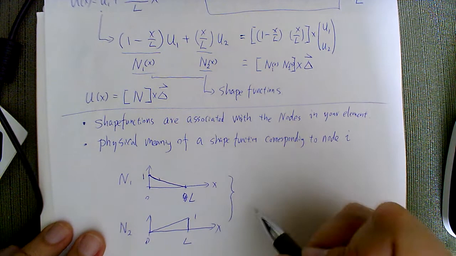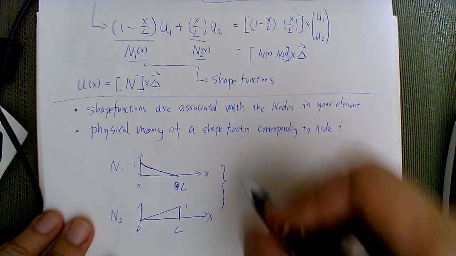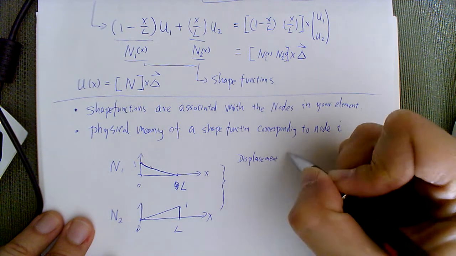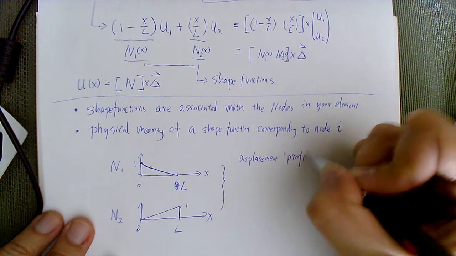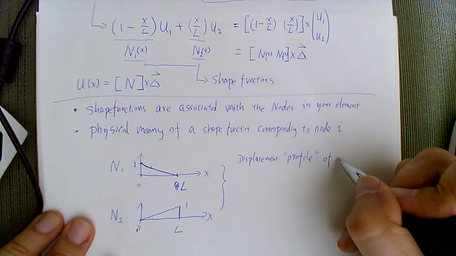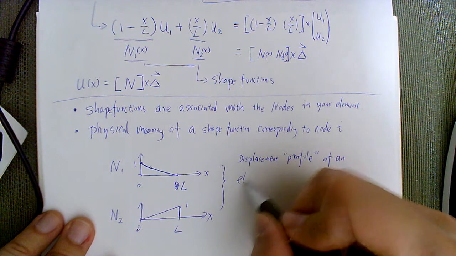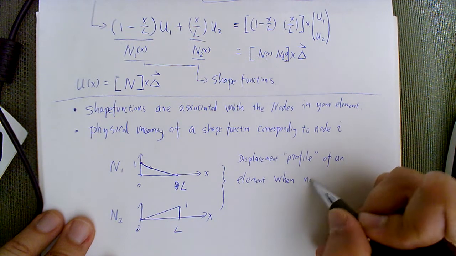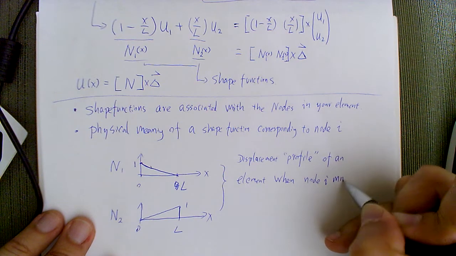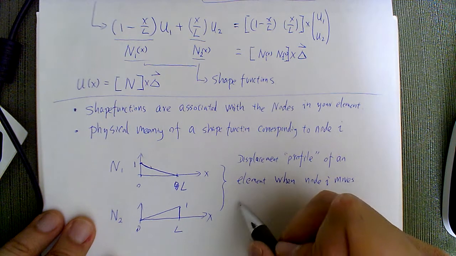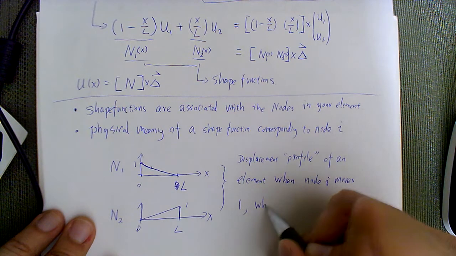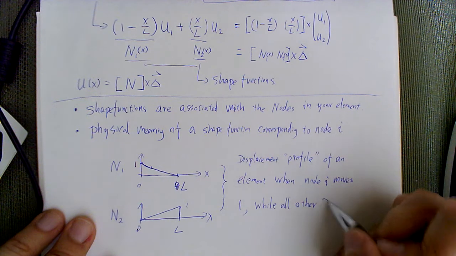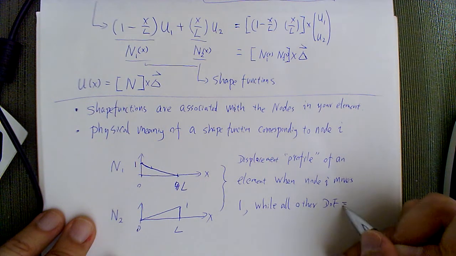So this will actually tell you the physical meaning of shape function is the displacement profile of an element when the node I moves 1 while all other degrees of freedom are 0.